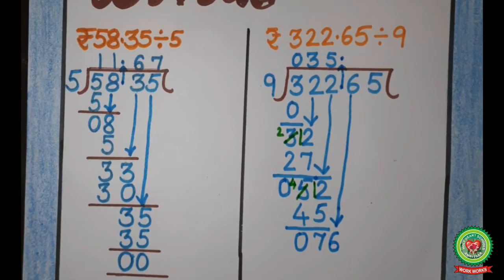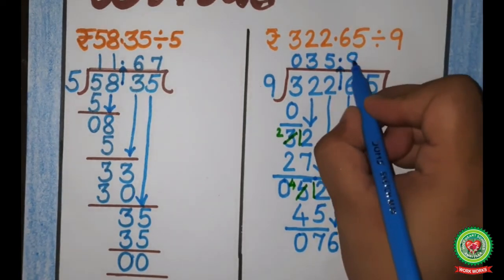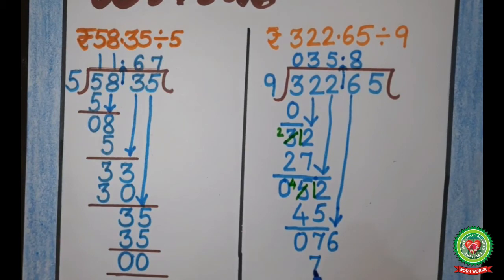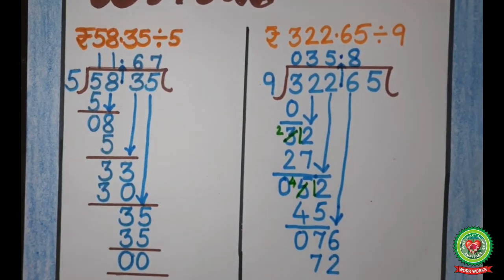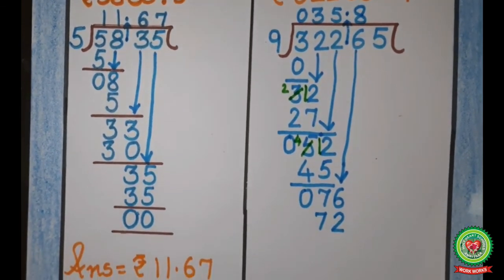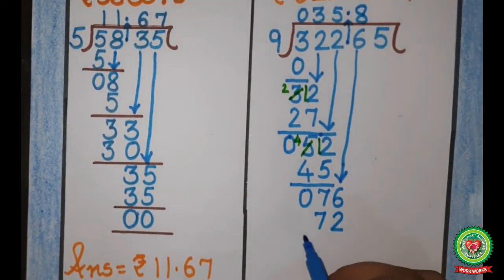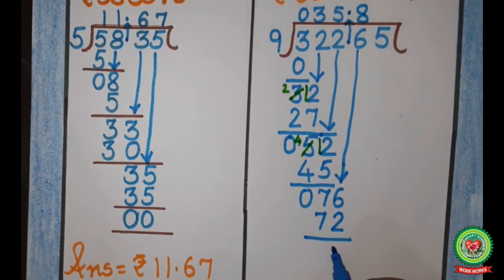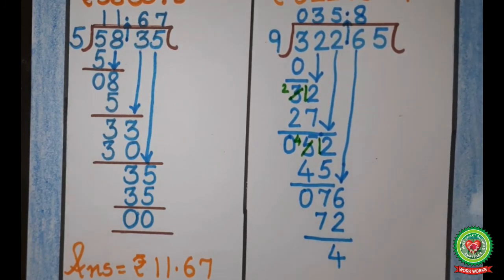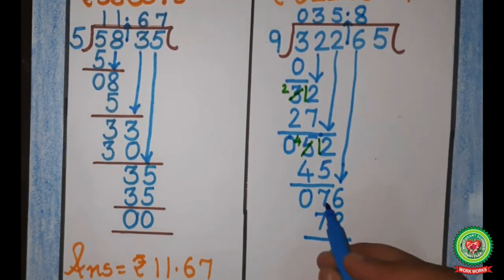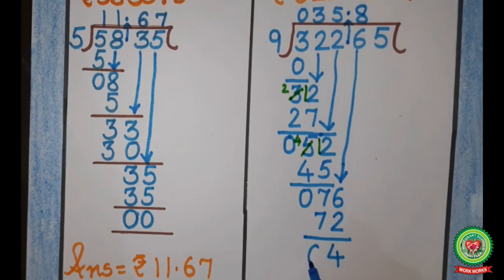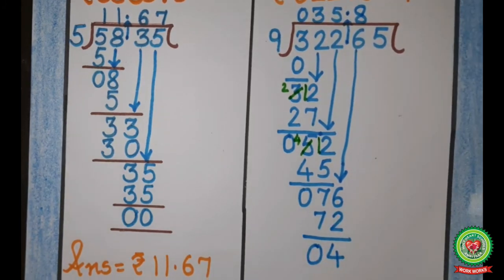No. And the number that is less than 76 is 72. 9 eights are 72. Next step is minus. 6 minus 2 is 4. Now 7 minus 7 is 0.